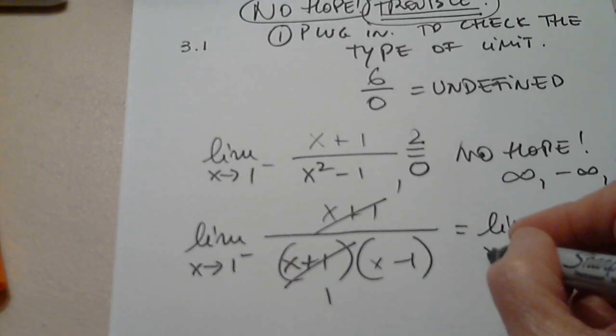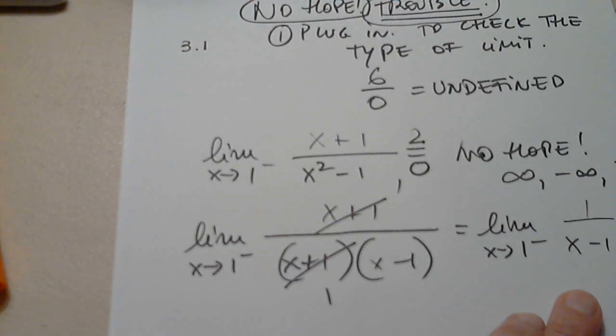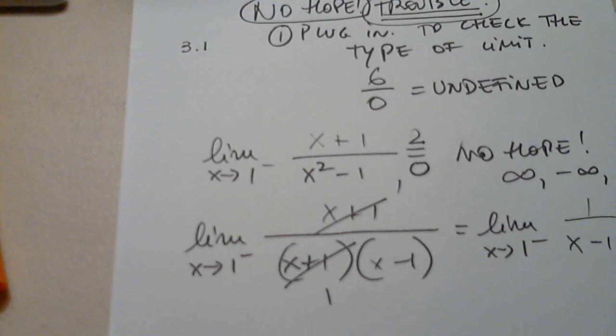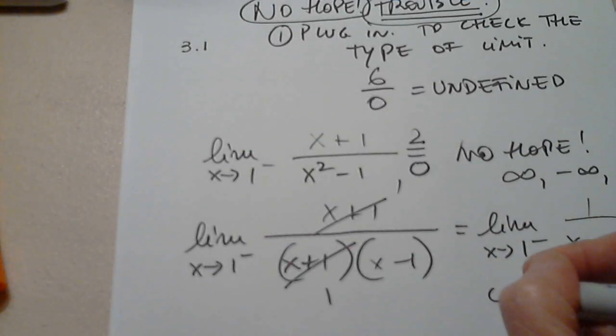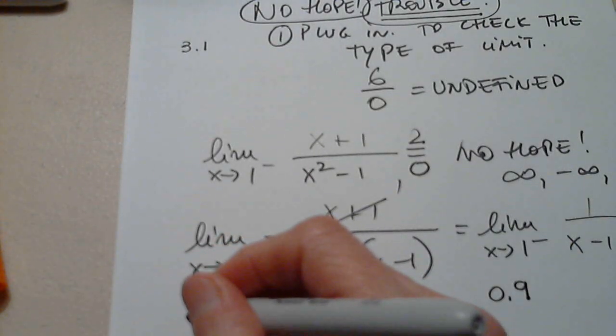And limit as x approaches 1 from the left of 1 over x minus 1. The numerator is still 1. The denominator is still 0. But I need the sign of 0. A number very close to 1 from the left is 0.9. Don't go to negative 15.